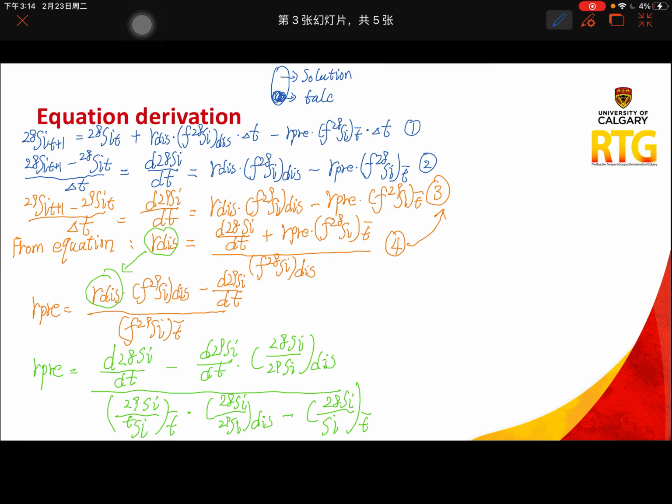So this is the precipitation rate equation. In the same way, you can get the dissolution rate.